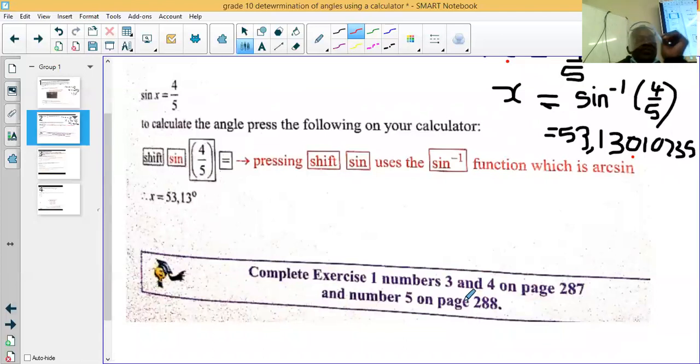But now, if you are given some work and you don't write, then it becomes a problem. Did you write this exercise 1, number 3 and 4 on page 287? Yes. You marked them, there were no challenges.